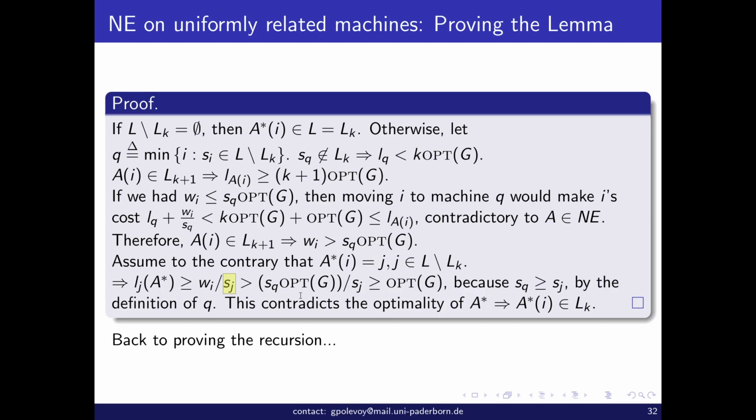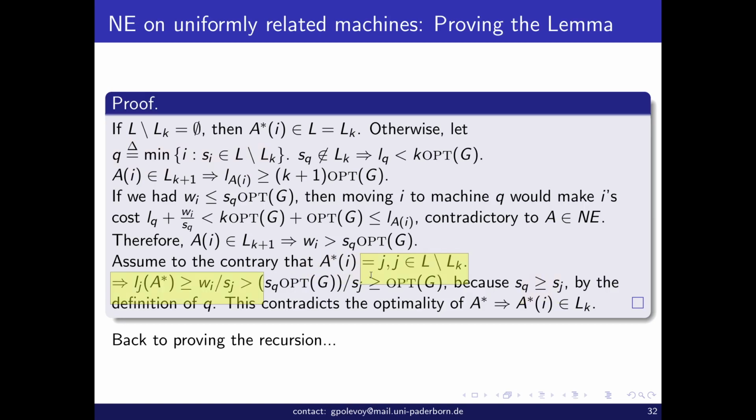Now, we have shown that Wi is strictly greater than SQ times optimum. So the numerator is strictly greater than SQ times optimum. And since SQ is at least SJ, because remember how the machines are ordered, and J is not in LK, and SQ is the quickest one which is not in LK, so SQ is not lower than SJ.